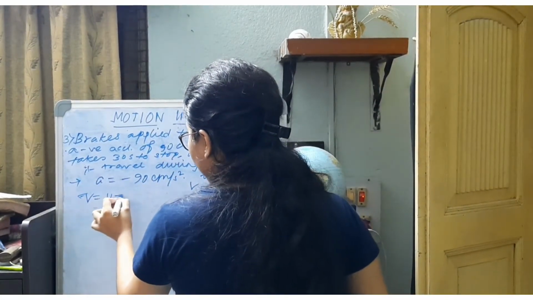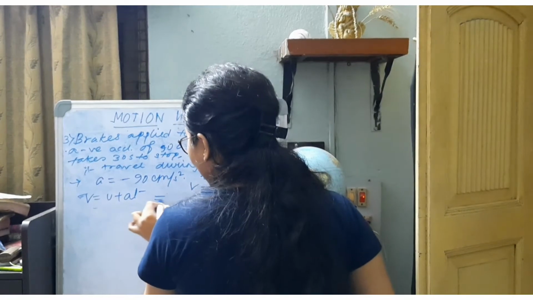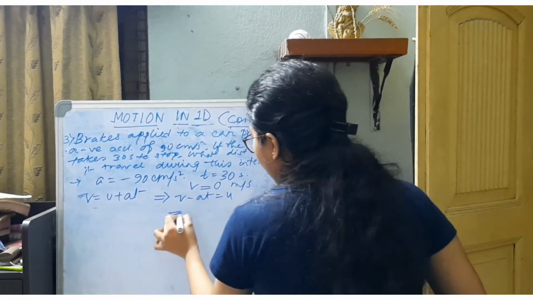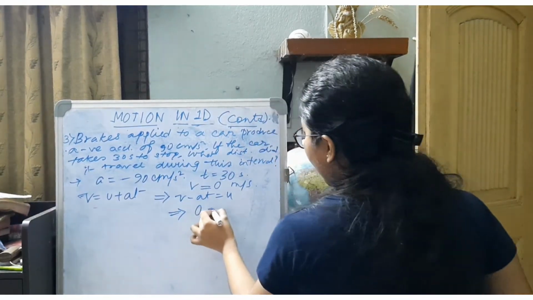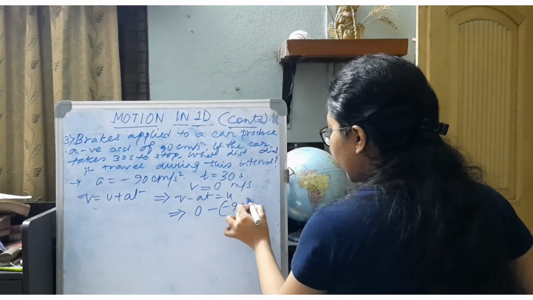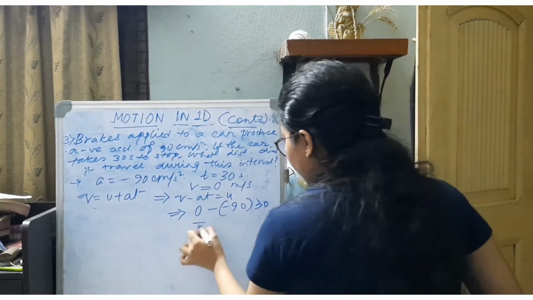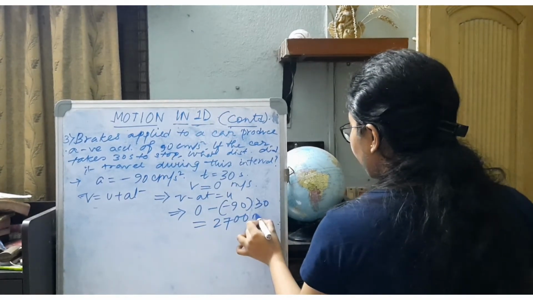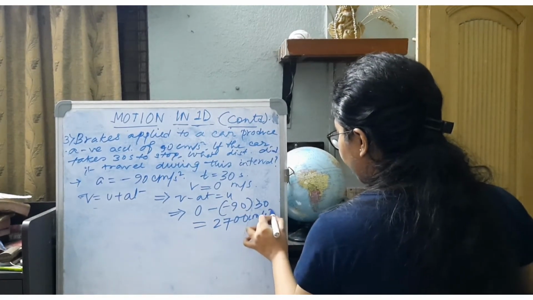So upon applying that, I can actually get the value of u, which is v minus at is equal to u. Okay. Now v is 0 minus of, because it is a negative acceleration, I use the negative acceleration into 30. So this value becomes, the initial velocity was 2700 centimeter per second.